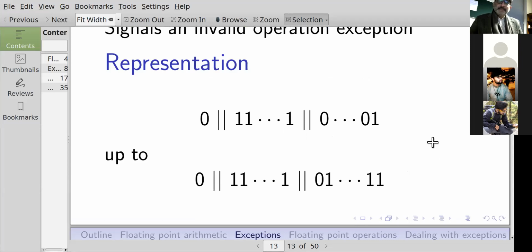Yeah, there's a question? Don't these values represent some other numbers? Okay, so I modified the lecture notes, because of that previous question about how you represent zeros and things like that.